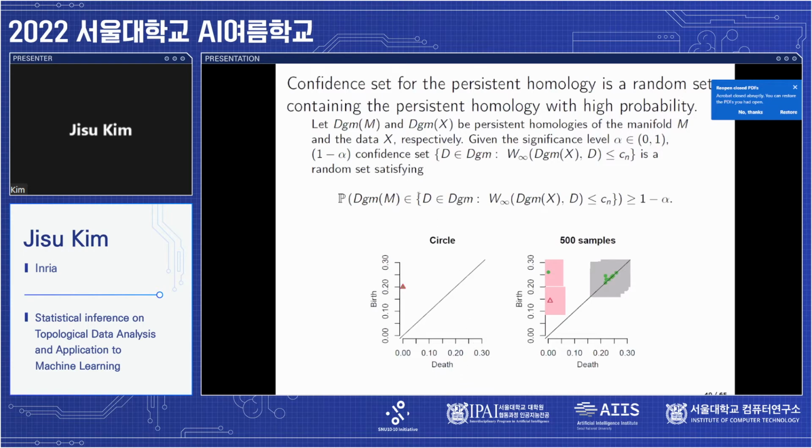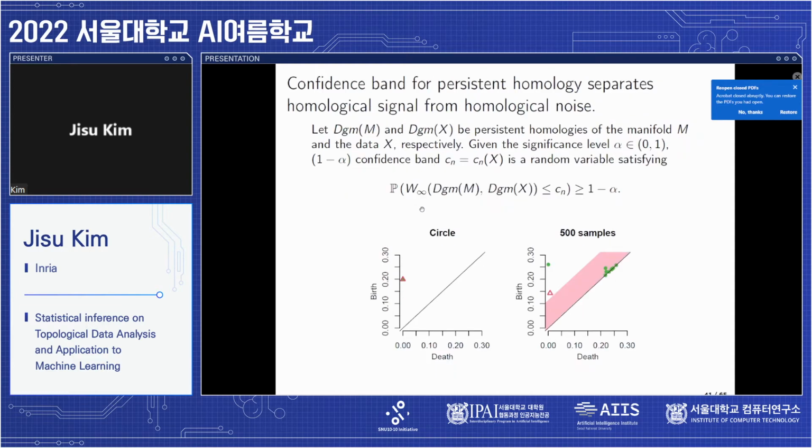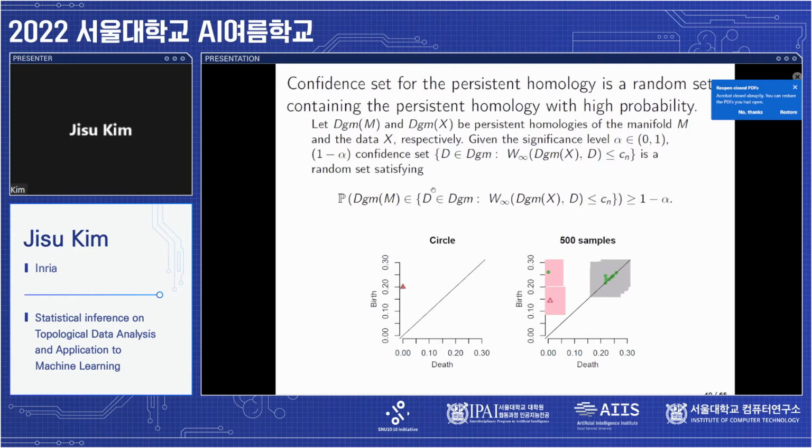And then you consider a set of persistent homology that has the persistent homology from the data points as its center, and radius C sub n. So these are the set of random persistent homology, and this being a valid confidence set means that this random set will capture the persistent homology of the circle with probability, say, 95%.